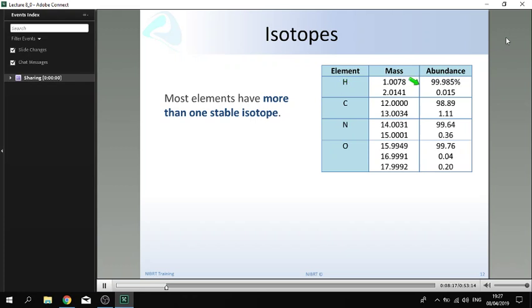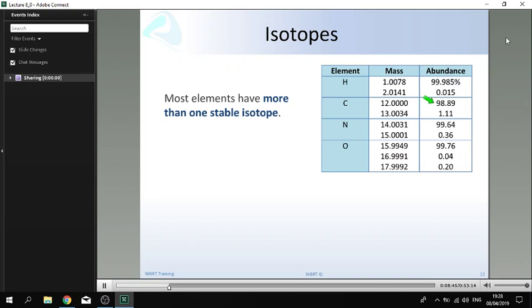So for example, when it comes to hydrogen, 99.985% of hydrogen atoms present on Earth have a mass of 1.0078 Daltons. But there is 0.015% of hydrogen atoms that actually have a mass of 2.0141. So these are two different isotopes of hydrogen.